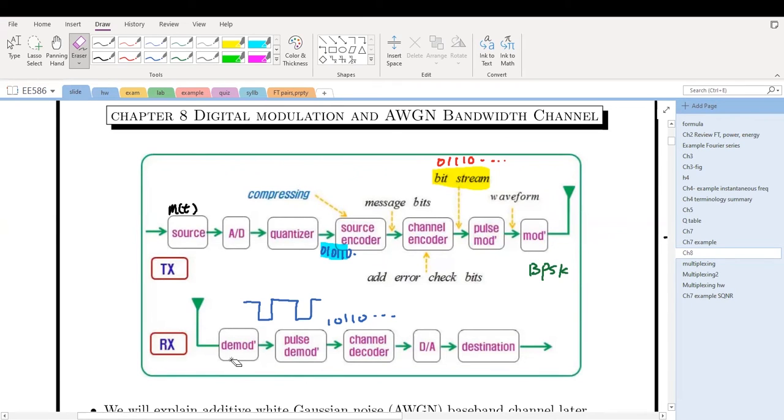At the receiver, we perform demodulation by multiplying by the same waveform as at the modulation and passing through a low-pass filter. And we should obtain this waveform roughly. And then we perform pulse demodulation manually. We map this waveform by observing its shape into digital 1 and digital 0.